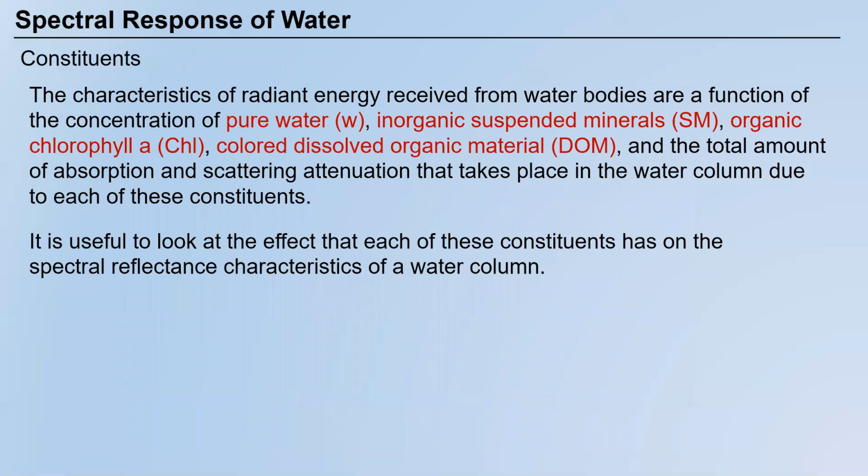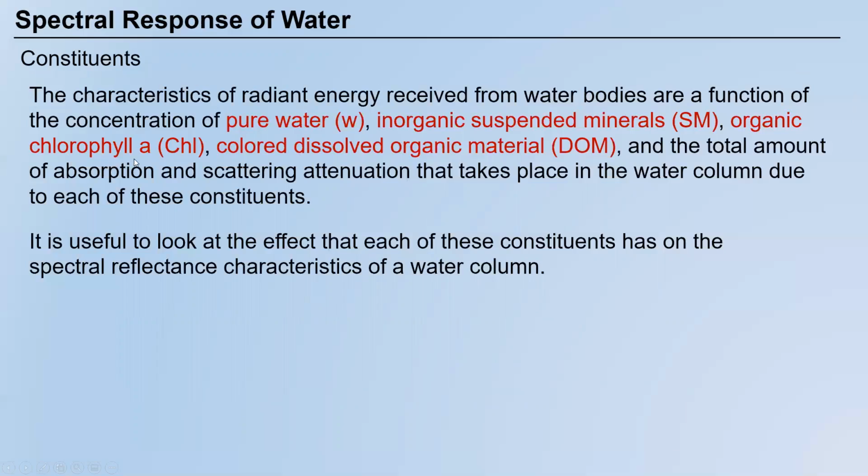And then let's talk about constituents in water. Like I said, water bodies are very complex. It's not only pure water. There are inorganic suspended minerals, or SM. They are the reason for the turbidity of the water. They are the most important factor that affects the turbidity of water.